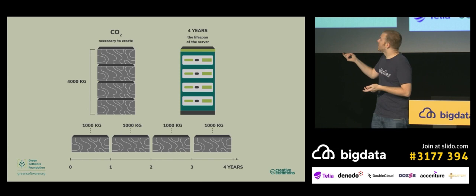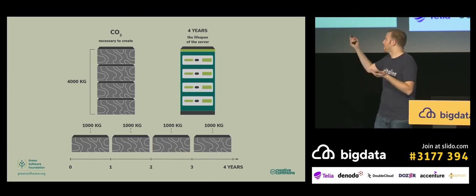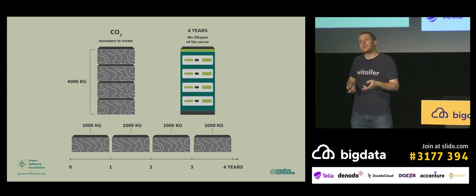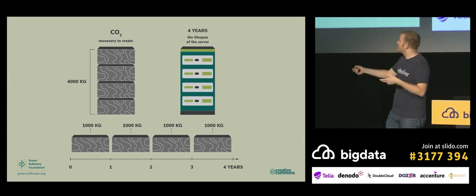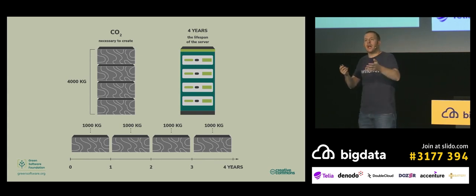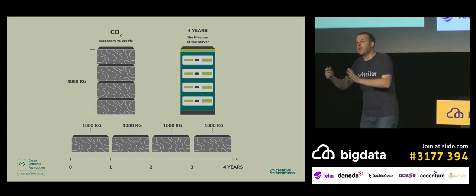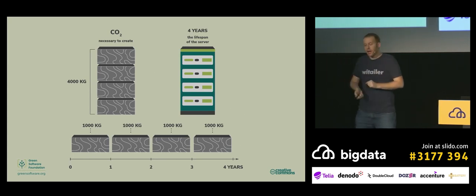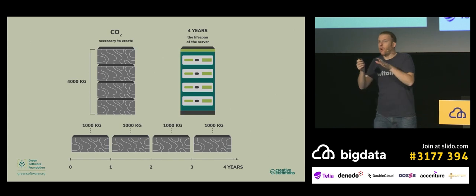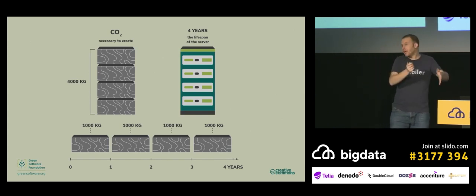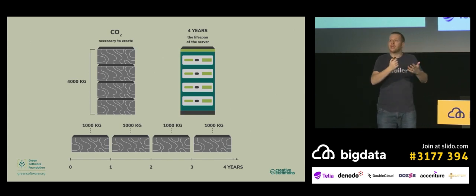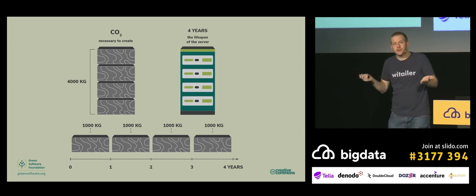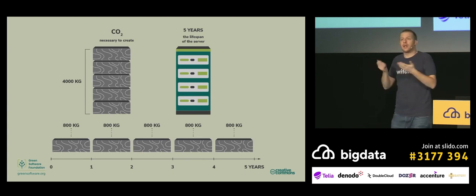If the production of a server takes around, as a proxy, 4,000 kilograms of CO2, in 4 years we can imagine, like in an amortization plan, consuming 1,000 kilograms per year. It's not true, because all the resources have been consumed at the beginning, but we can imagine this kind of amortization. So the easiest thing to do is to extend the lifetime of the device.